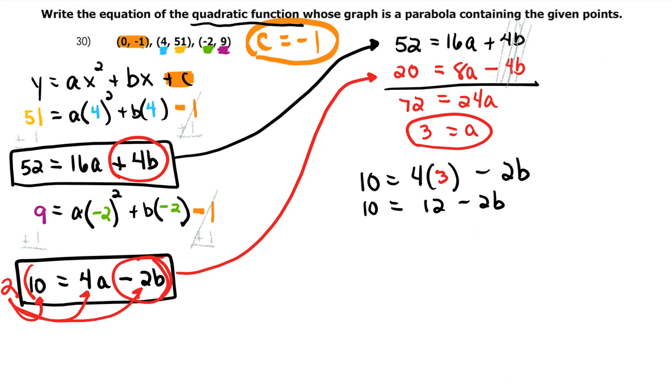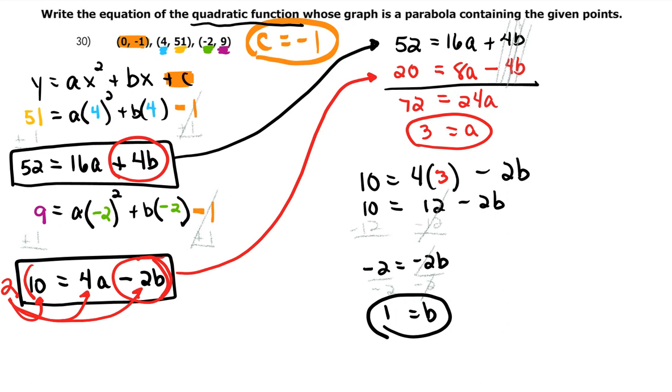And then I would subtract the 12 on both sides. 10 minus 12 is -2, and that equals -2b. And then divide both sides by -2. That cancels, and so I've got b is equal to 1. And now that is b.